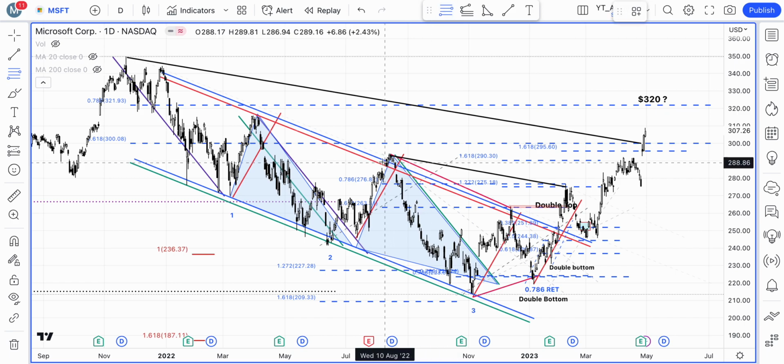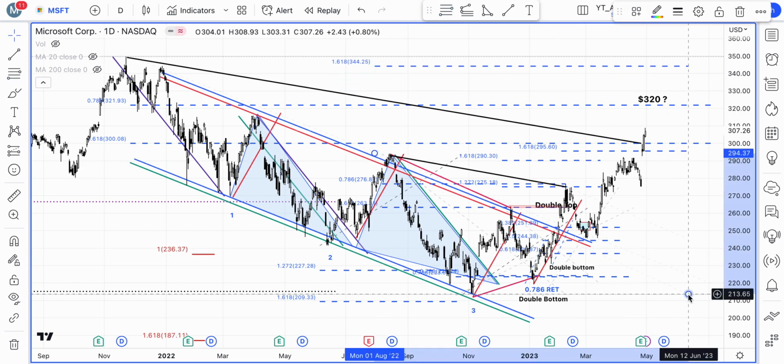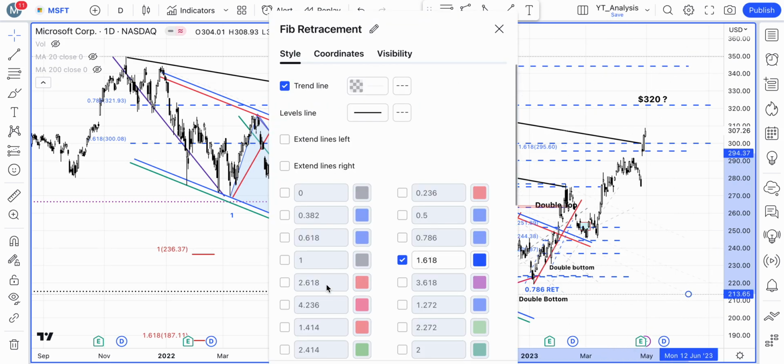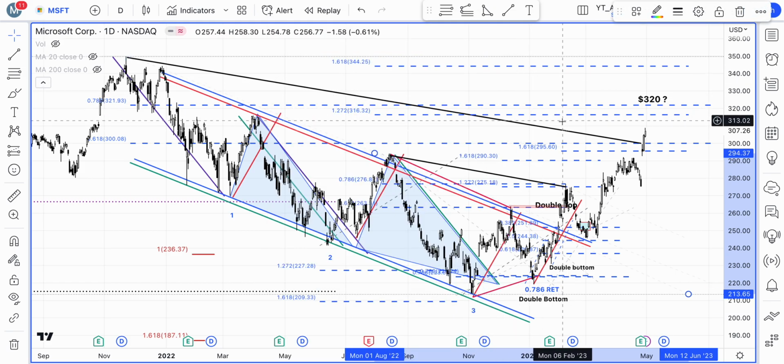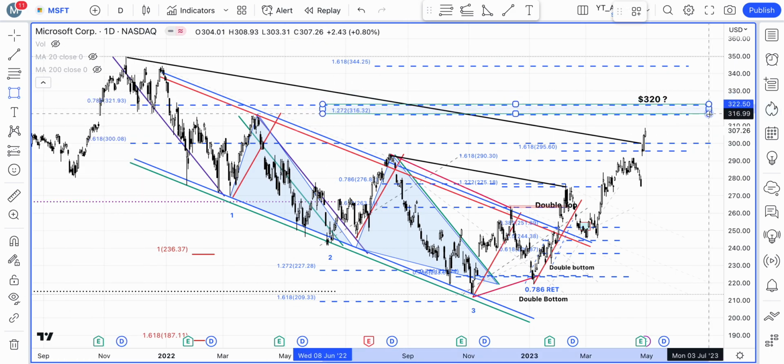We might have some other expansions coming in. Here, boom. So this 316 to roughly $320 per share level is what we will be watching over the course of the next few trading days and weeks.